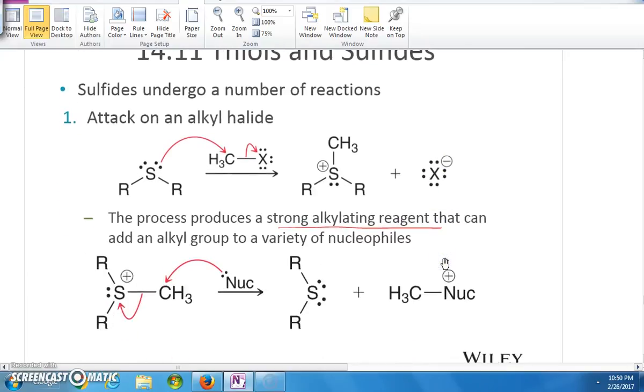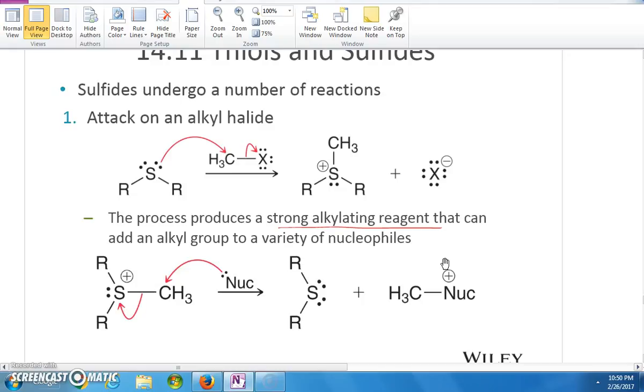Now look at the reactions of sulfides. Sulfides undergo a number of reactions which are not very common to ethers, and that's because the sulfur atom is much bigger. So you can actually have the alkylation of a sulfide, and so the sulfide becomes an alkylating agent.